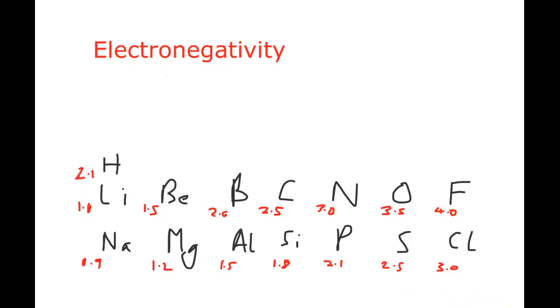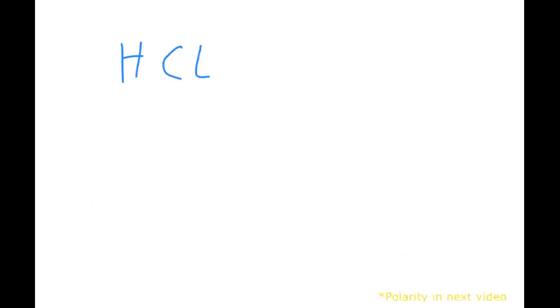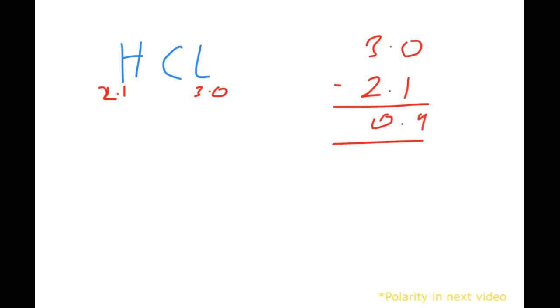For hydrogen, it's 2.1, and for chlorine, it is 3.0. So 2.1 and 3.0, we find the difference. So chlorine is more electronegative.